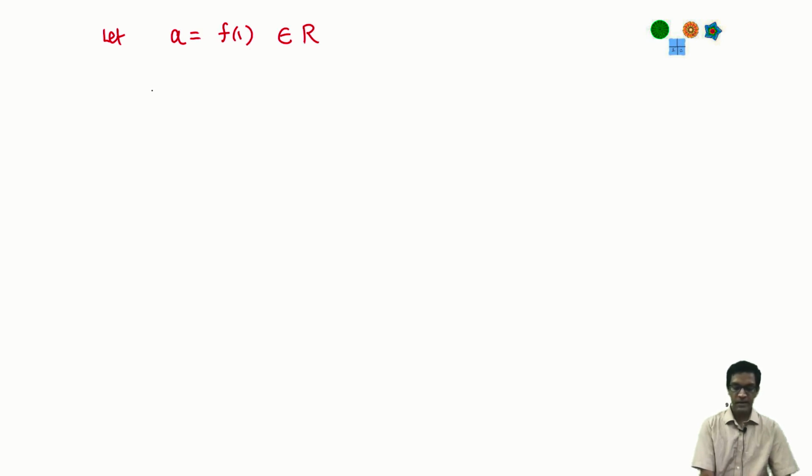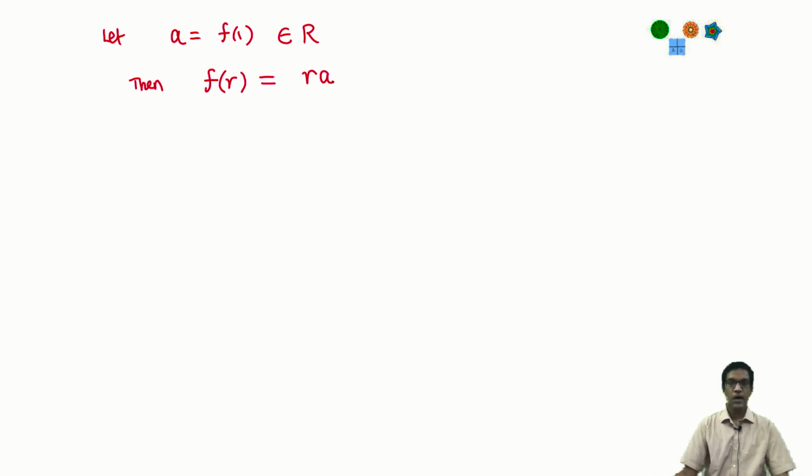Let's call it a. Then observe that this homomorphism f is just the following map, r mapping to r times a. Okay, so this is sometimes what's called the right multiplication by a. This is just the map which is right multiplication by the element a.